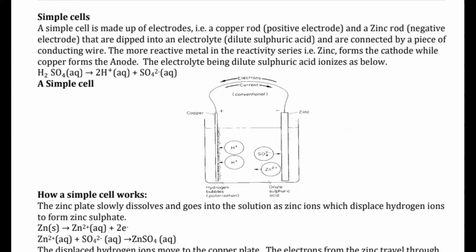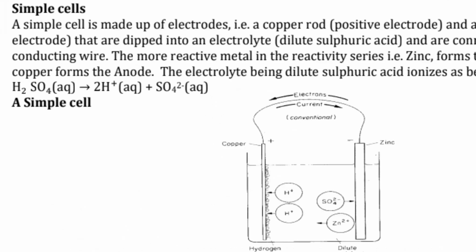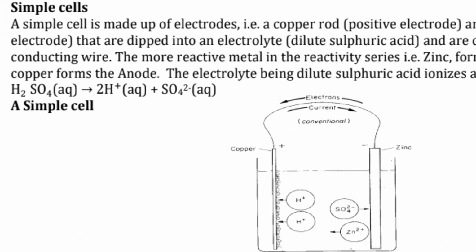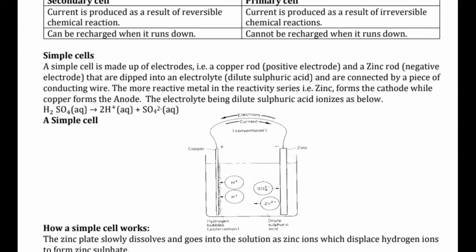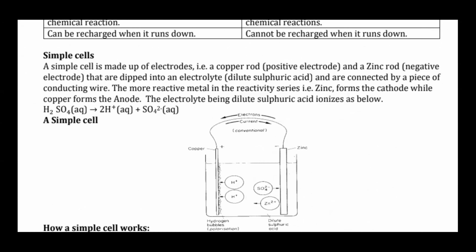So they are telling us that the electrolyte, being dilute sulfuric acid, ionizes as below. The ions given off from sulfuric acid are hydrogen ions and sulfate ions.